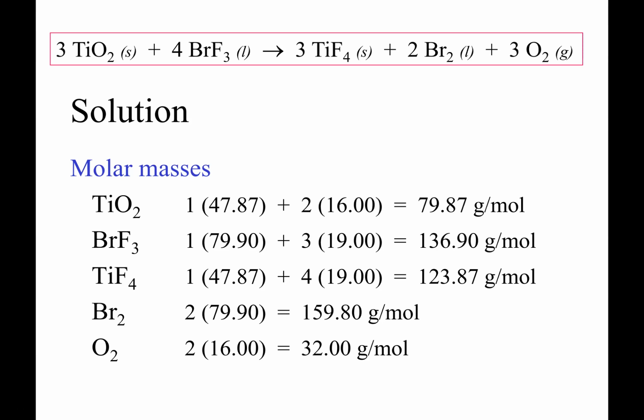For this one, this is the mole ratio, it's going to be 3 moles of O2 to 3 moles of Ti. So then this one's 3 moles of O2.